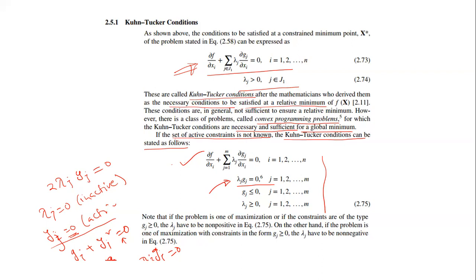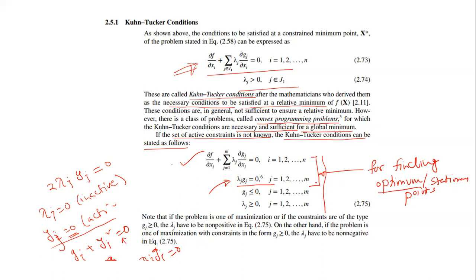One thing that is interesting is that these two are used for finding the optimum point, or rather we better say stationary point, because it may or may not be an optimum point.